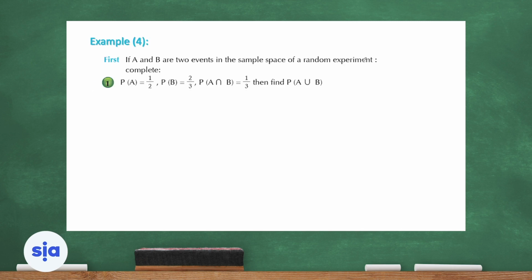Here in example 4, the question says if A and B are 2 events in the sample space of a random experiment, complete. How can we find probability of A union B?